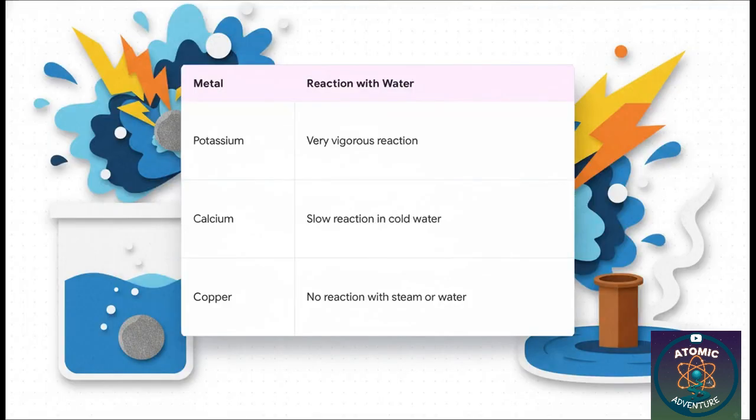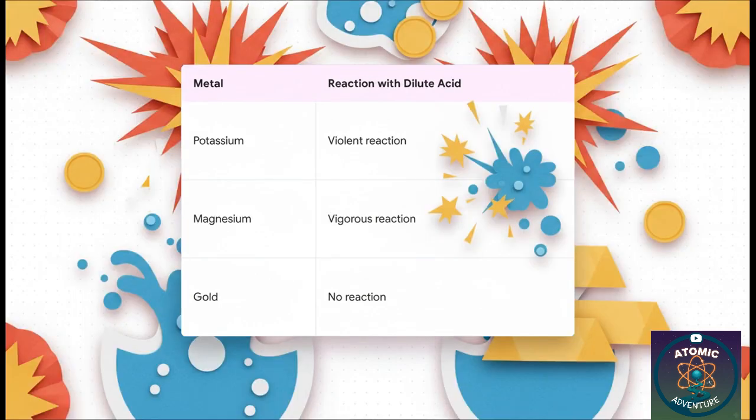So check out what happens when you put them in water. If you drop in some potassium, whoa, you get a really big energetic reaction. But calcium, it's much calmer, just a slow fizzing. And then you have copper, which does, well, nothing at all, not even in hot steam. See? You can already start to see the ranking taking shape. And the pattern just keeps going when you use dilute acid.